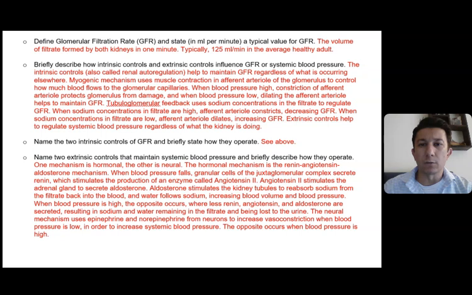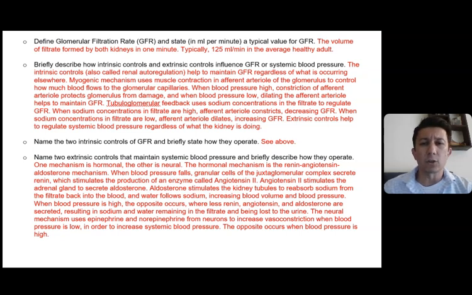So now that we've finished with the myogenic mechanism, we can turn our attention to the tubular-glomerular feedback mechanism, which is using sodium concentrations in the filtrate to regulate GFR. So what it's going to do is that cells in the kidney tubules, as part of the juxtaglomerular complex, are going to monitor sodium concentrations in the filtrate.